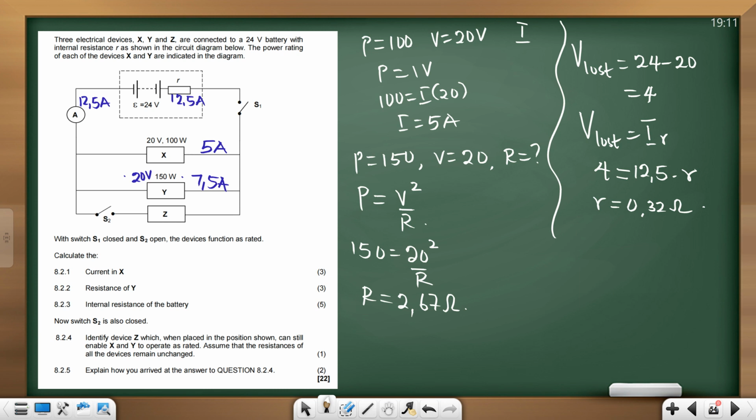Please listen. Z is a device such that no current will pass through it, because it must not take any of this. Z is a voltmeter. It has so much high resistance, it doesn't take any current. I don't know if it makes sense. Yeah. That's the response there.